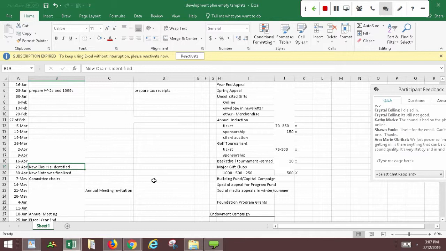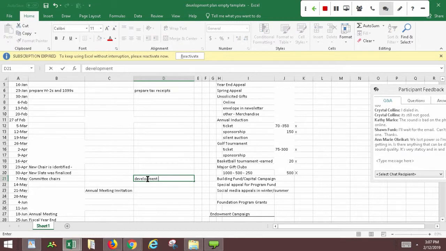But just as you'd want your board chair to let your executive director weigh in on committee chairs, you'd want that CEO to get the development director or the vice president for advancement's buy-in, if not outright advice, on who should be the next development committee chair.